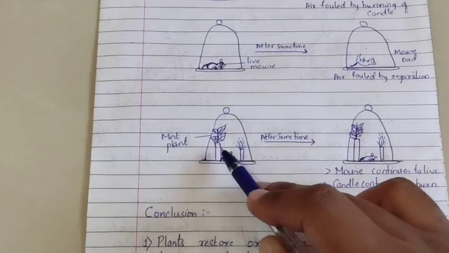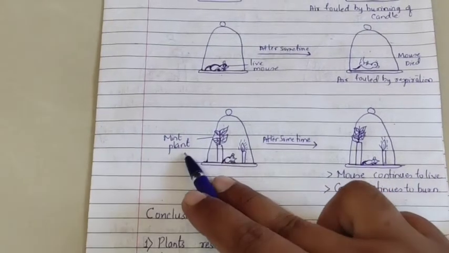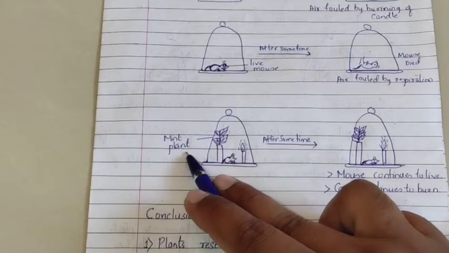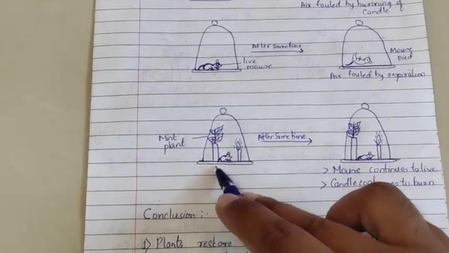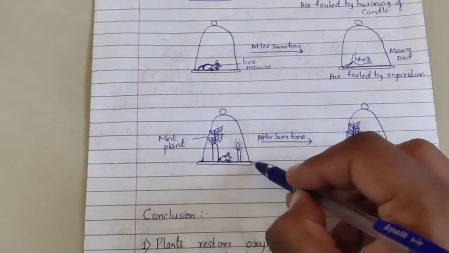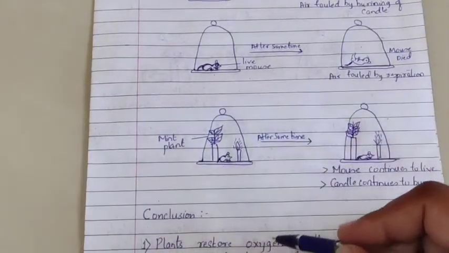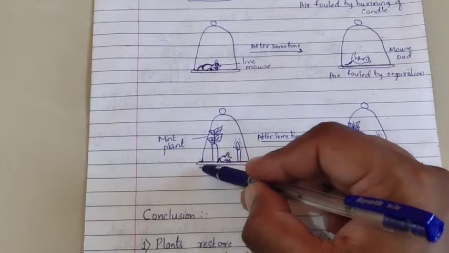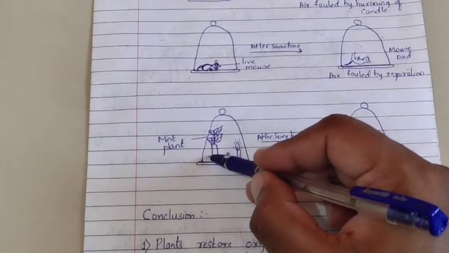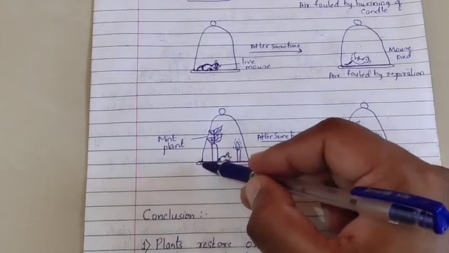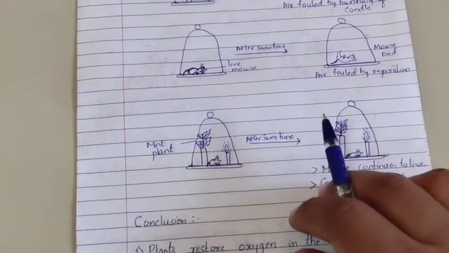Along with that he placed one potted plant, for example a mint plant. We should not forget that he sealed the bottom of the bell jar to prevent the entry of air from outside to inside or the exit of air from inside to outside.